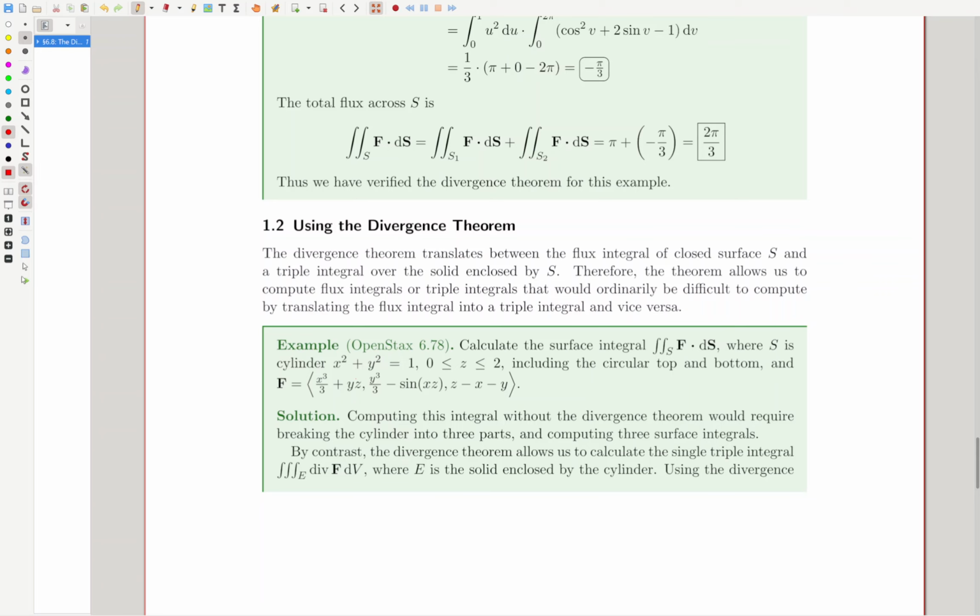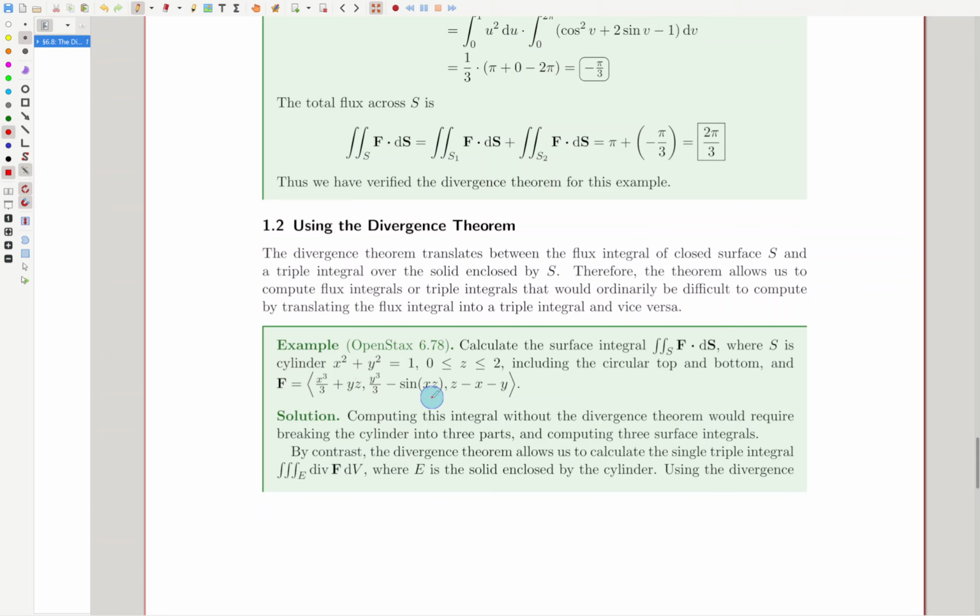That would involve computing 3 separate surface integrals and adding the results. It's doable, but it's going to be tedious. Well, in the abstract sense, it's doable. I actually don't know for sure that it's doable given this vector field.